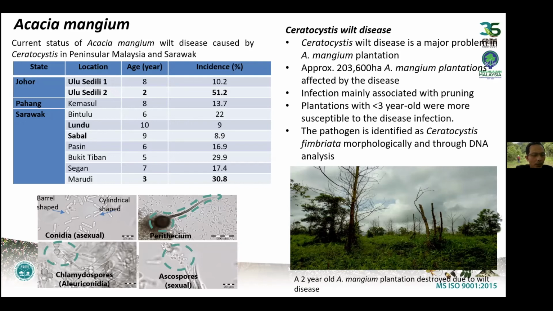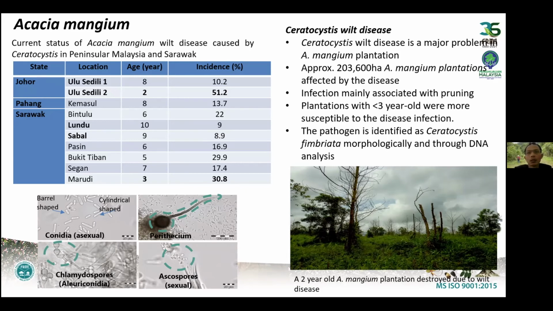Below here are some characteristics of the pathogen: conidia, chlamydospores, perithecium, and ascospore heads. The bottom picture is a 2-year-old Acacia mangium plantation in Ulu Sedeli, where all the trees are gone due to disease infection. We took this picture 1 year after the first assessment.